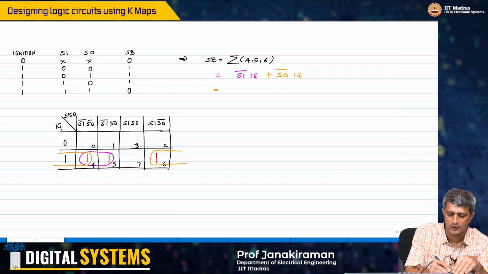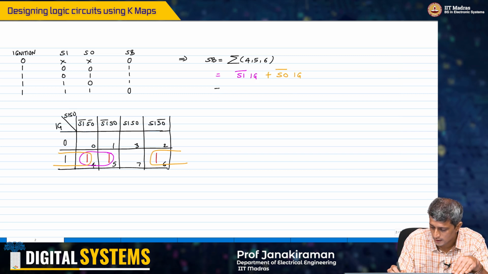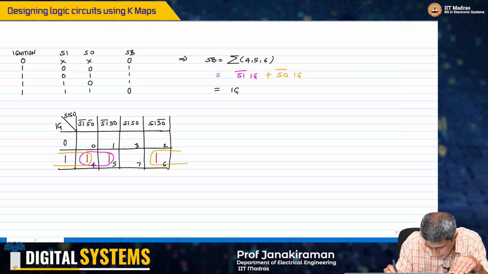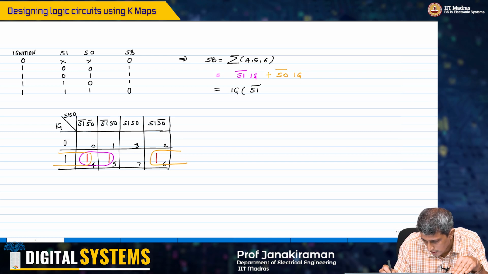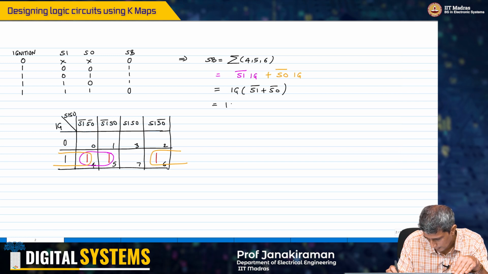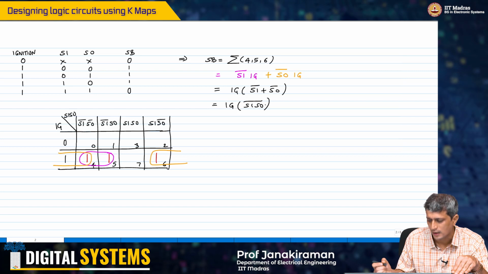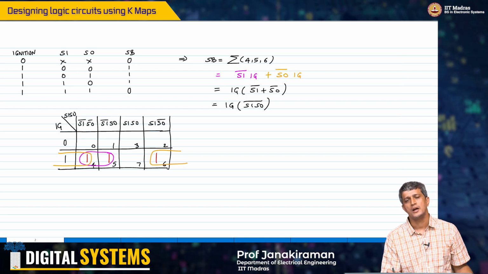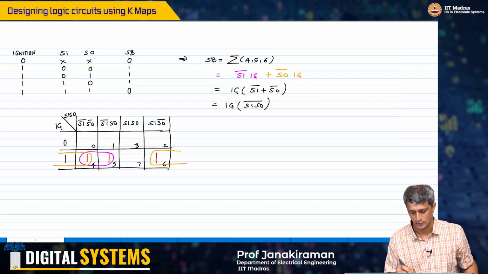This is what we have, and therefore if you look at this, it will basically be IG into S1 bar plus S0 bar, which is IG into S1 S0 whole bar, which is basically nothing but a NAND 2 gate, okay.